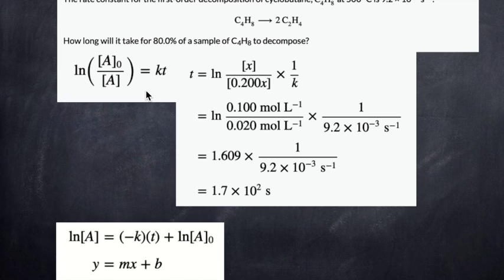So you can plot that, and you should be getting a negative slope, which looks something like this.